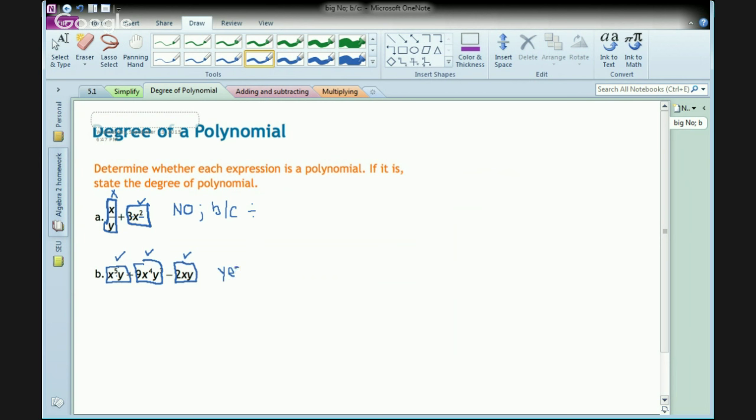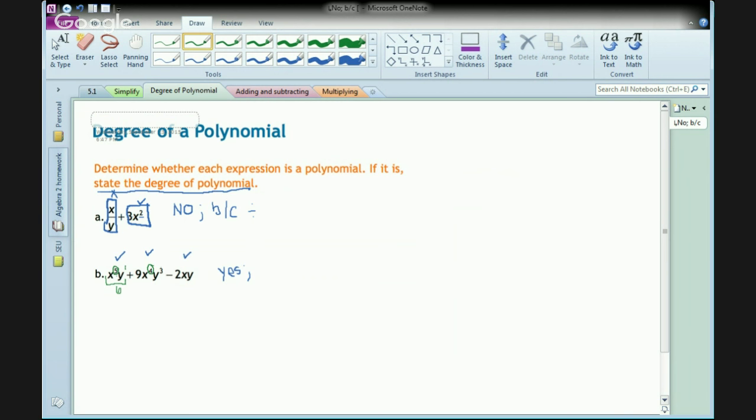And now they're asking, if you said yes, state the degree of the polynomial. So I'm looking at each of the monomials and I'm looking for which one has the greatest exponents in it. I'm going to erase the squares so that we can see the exponents. So this monomial, if I add its exponents, I'm saying 5 plus 1, so the total of 6.